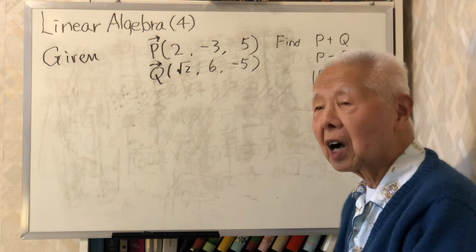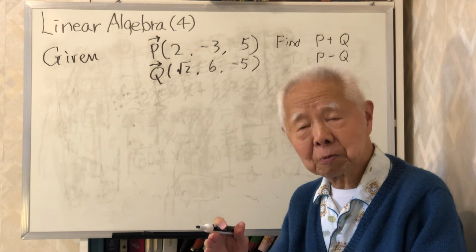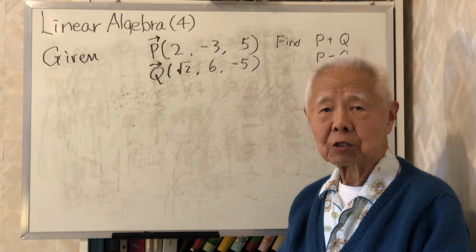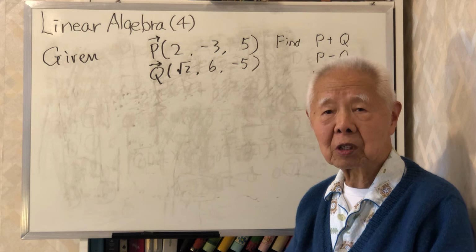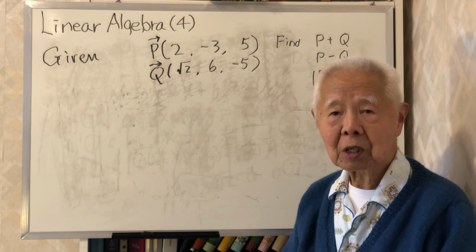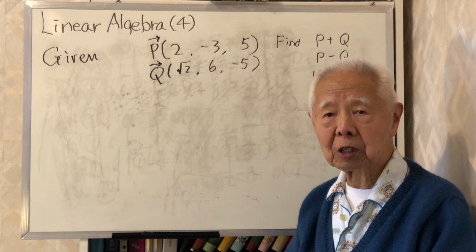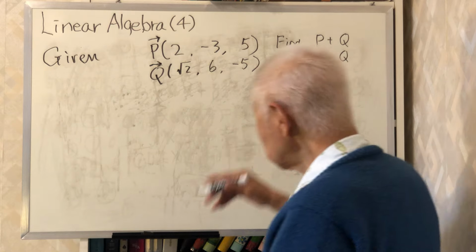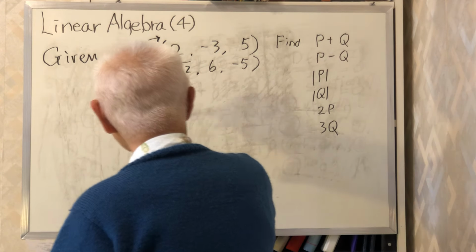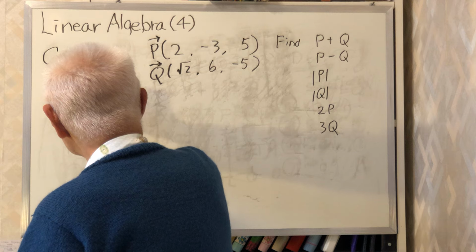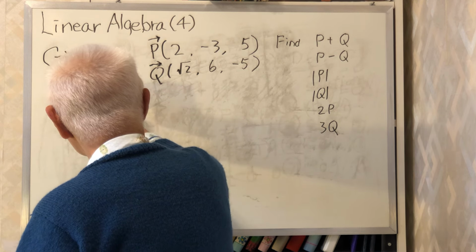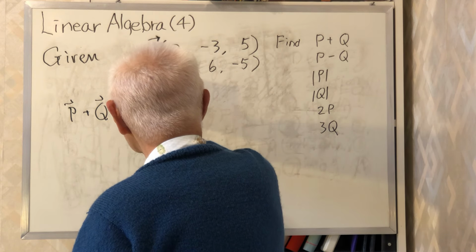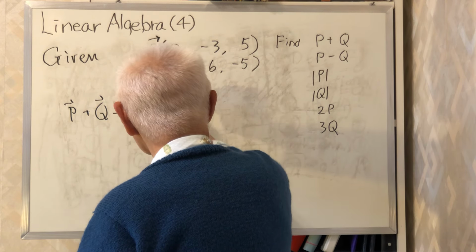So once I know it's a vector, then I know how to add vectors. To add vectors, you just add the x component to the other x component, y component plus y component, z component plus z component. Therefore, the first answer, P plus Q: 2 plus square root 2.